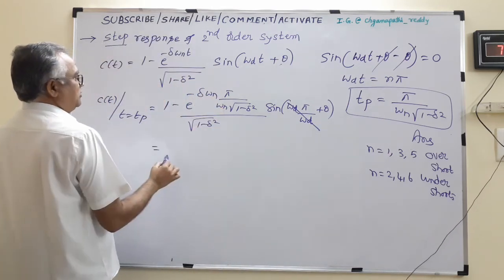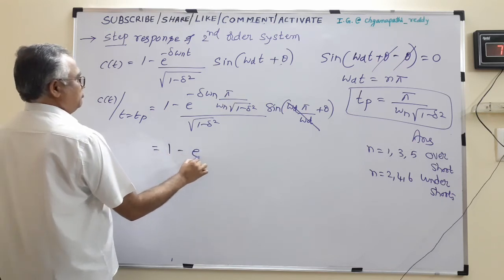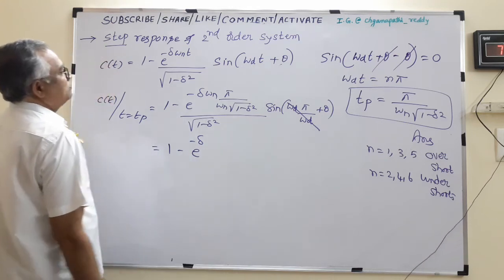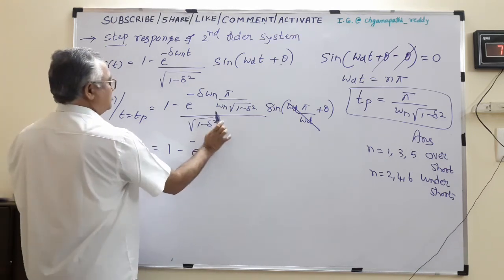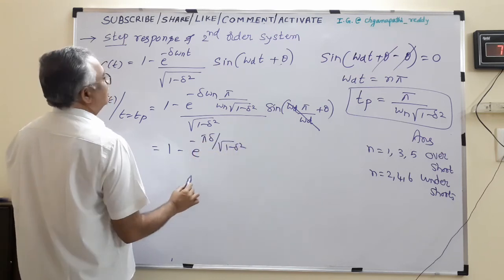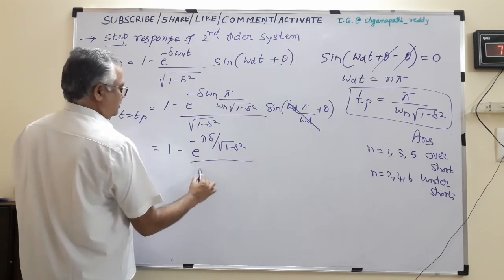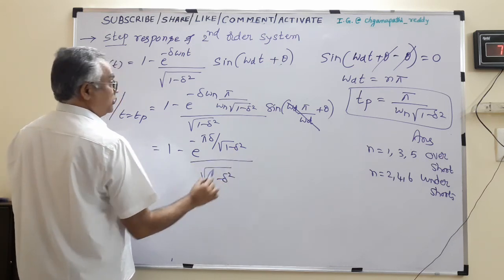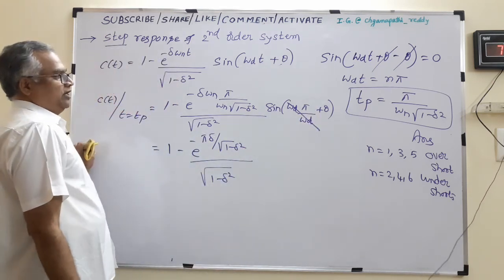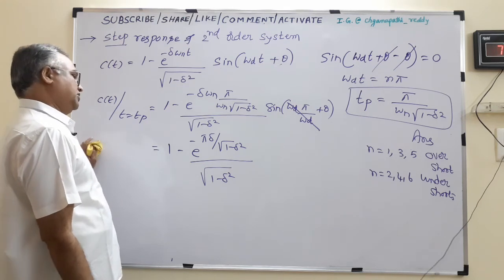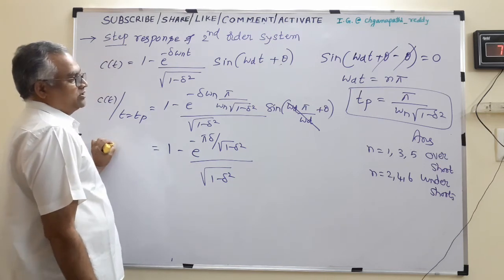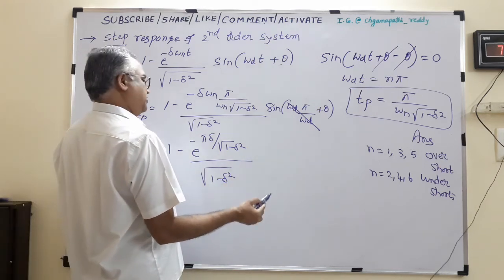So omega n cancels, 1 minus e power minus pi delta by root of 1 minus delta square, by root of 1 minus delta square, sin of pi plus theta. Sin of pi plus theta is cos theta. So what is cos theta?